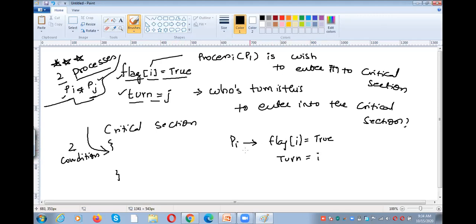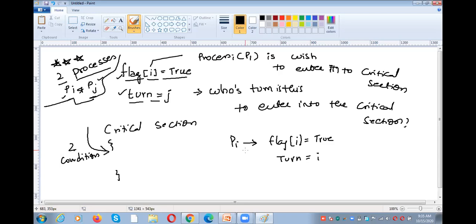Sometimes the turn is i, but process i is not willing to enter the critical section at that particular moment. Because of that, we need to check both conditions. If process i is willing to enter into the critical section, then flag of i equals true. That means it wishes to enter. And the next one: wish is not enough. Turn has to also be set to process i.